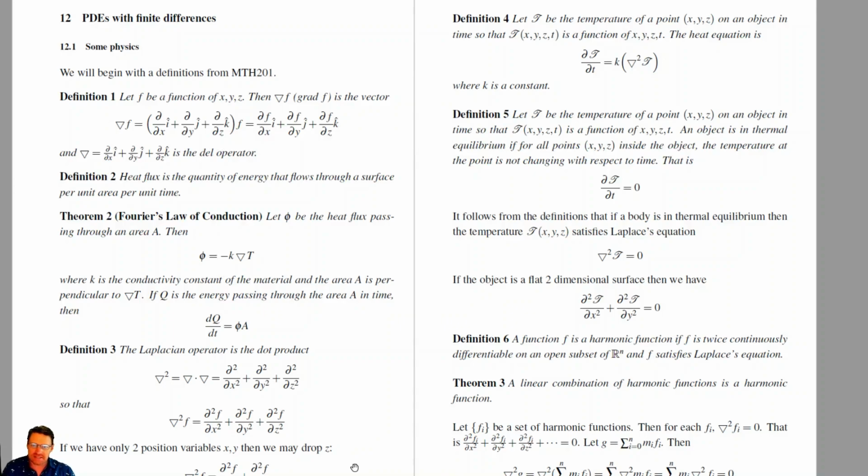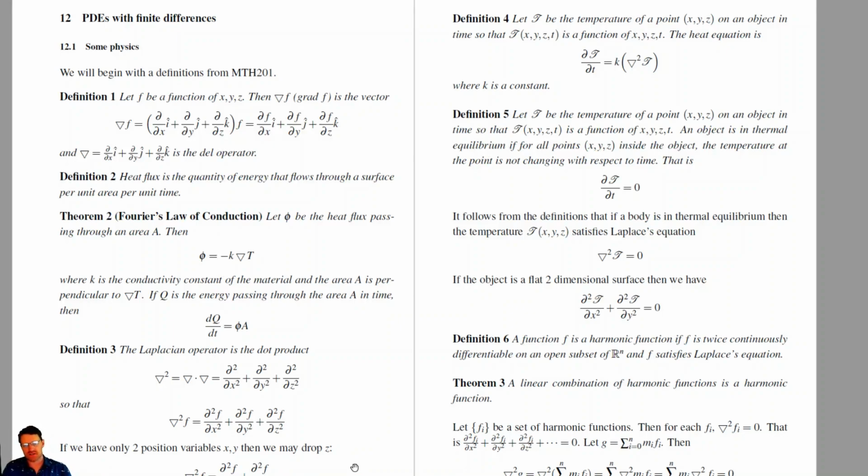Okay, so let T be the temperature of a point x, y, z on an object. Now this could be a barbecue plate or a block of metal that's being heated. So the temperature of the point on an object in time, T of x, y, z, and t, where lowercase t is time, is a function of those letters.